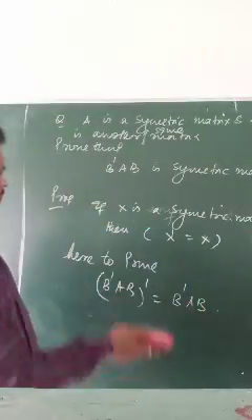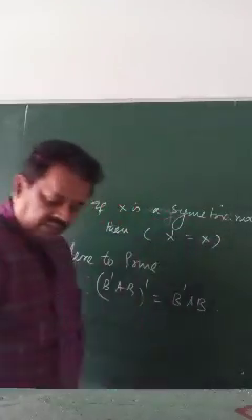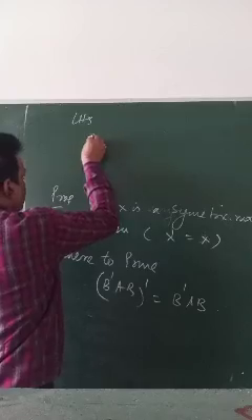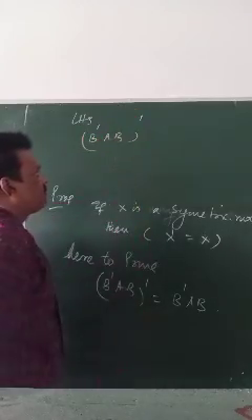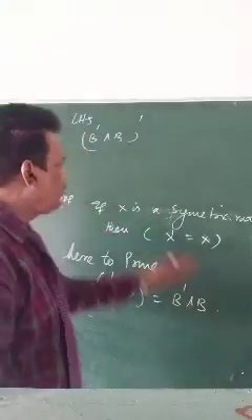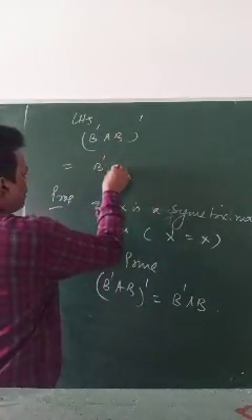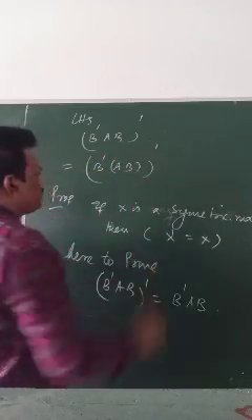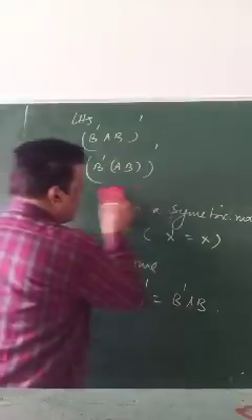Okay, let's start from the left hand side. LHS is (B transpose AB) transpose. Let's make it two parts: B transpose and AB together, then transpose. Which formula are you going to use here?